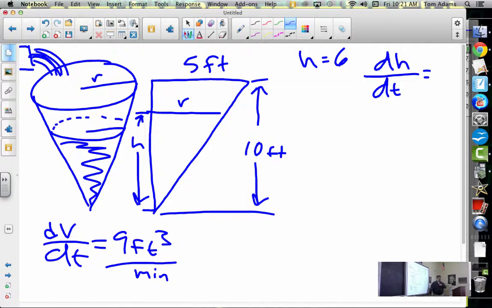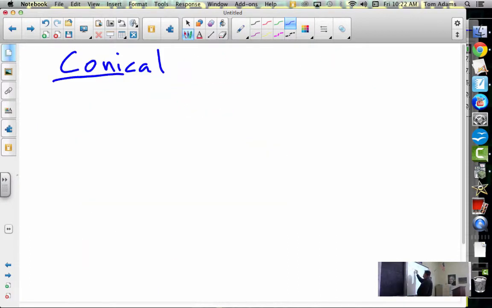First, I think it's called a cone. Do you know what conical means? Cone-shaped tank has the word cone, and we want to know how to calculate the volume of a cone.